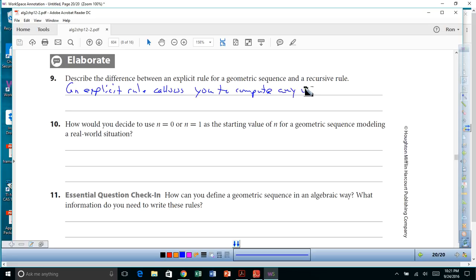And even with a geometric sequence, a recursive rule kind of builds on the previous one. It allows you to compute a value from the previous value.